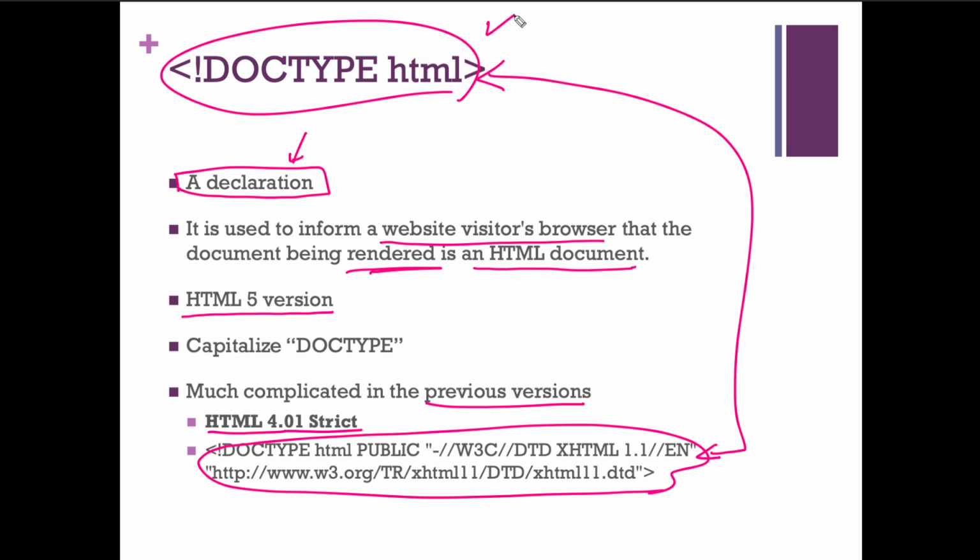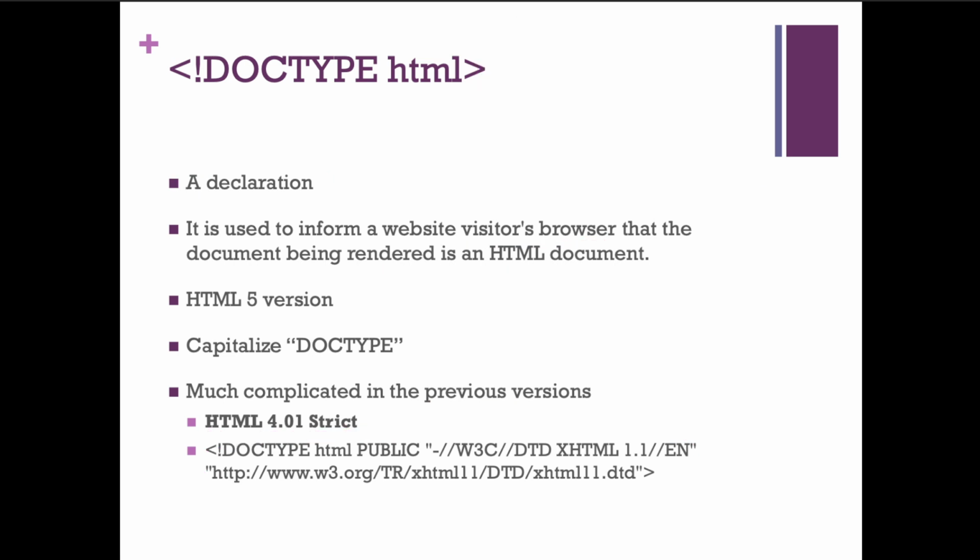So let me explain this one first. In order to understand this whole thing, let's start with the declaration part, which always starts with an opening and closing bracket. Anything inside a bracket is called a tag.